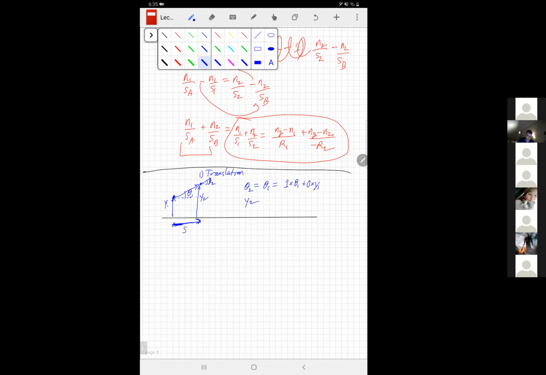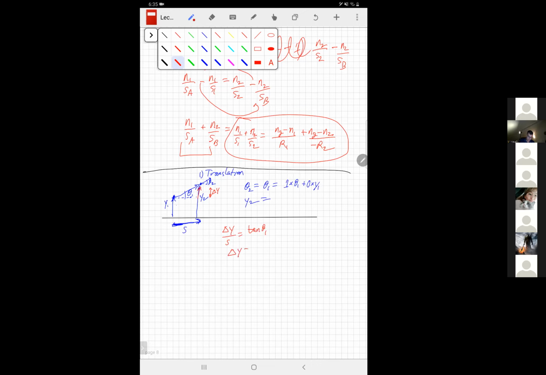And y2, well, let's see, we could do our trigonometry. This would be delta y, because that's how much its height has increased. Delta y over s would be tan theta 1.